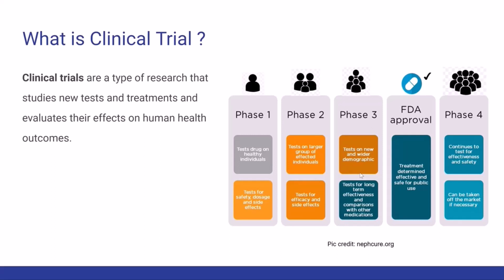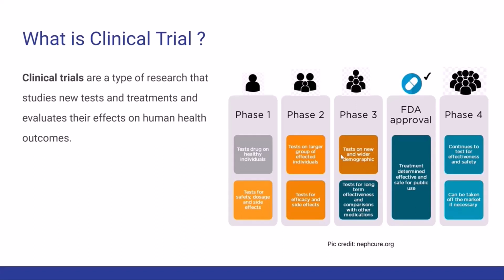Sometimes I've seen some studies have thousands of patients, right? So you try to get a wide demographic. I work on trials that are global. The same trial is happening in Europe, in the United States, Canada, Korea, India, all sorts of places. Okay, so this is of course testing for long-term effectiveness and comparison with other medications, right?